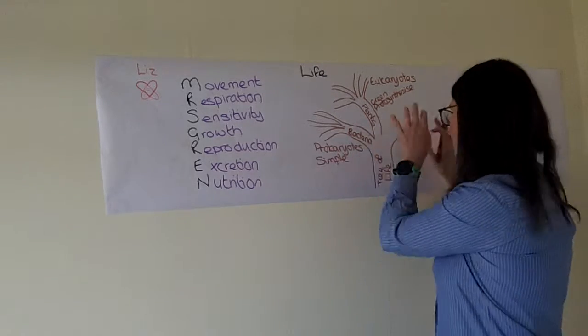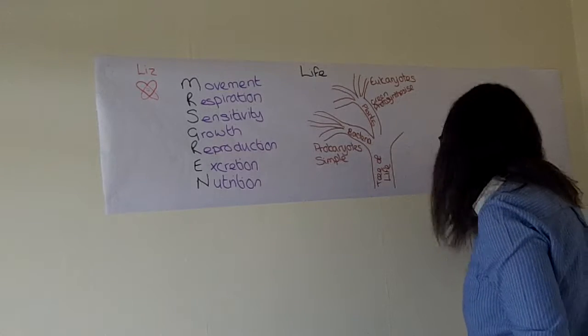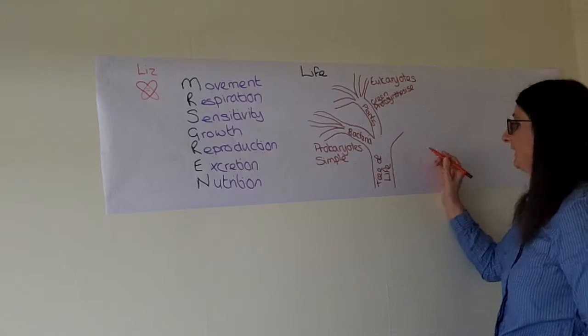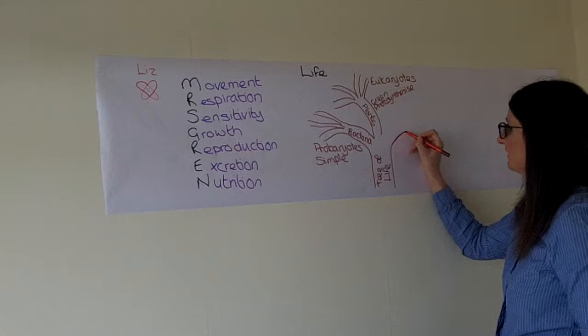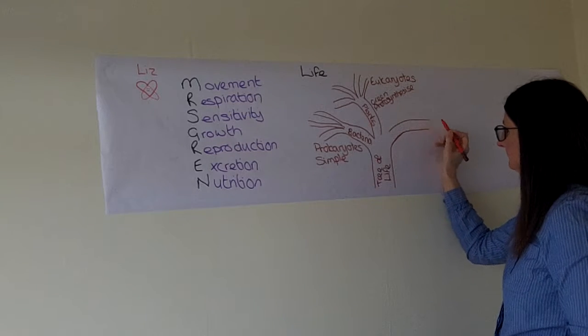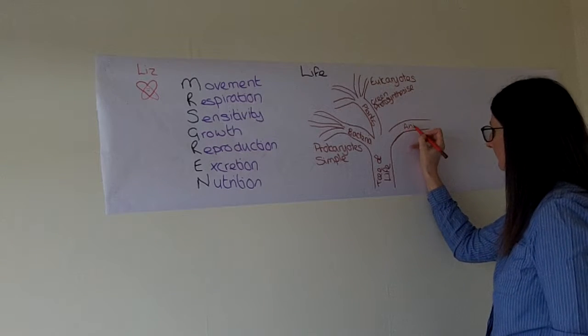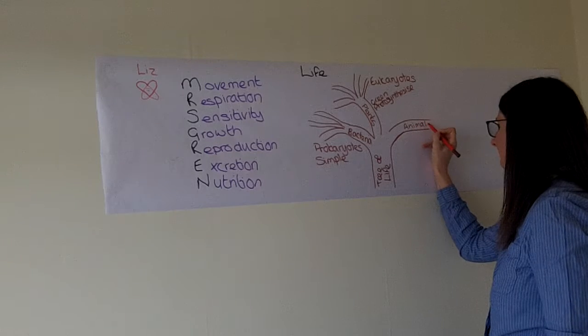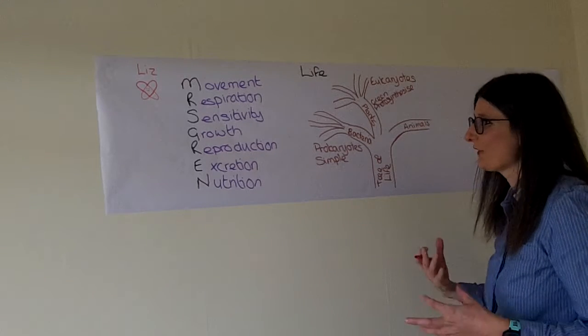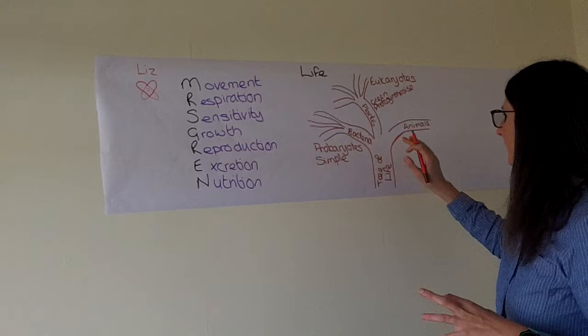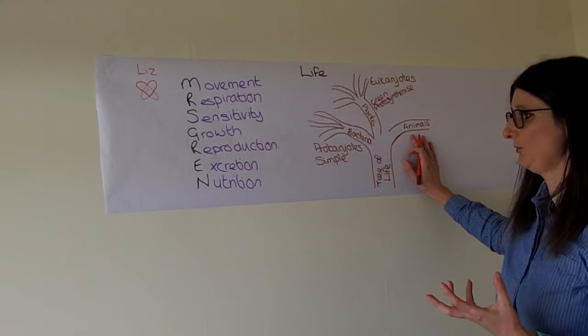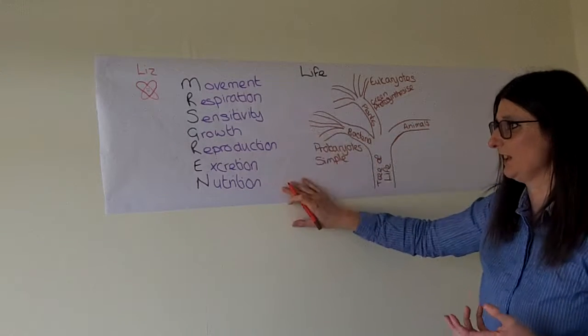So we're going to move over to this end of the tree of life now, and we're going to look at animals. So animals are probably the life form that most obviously follows Mrs Gren.